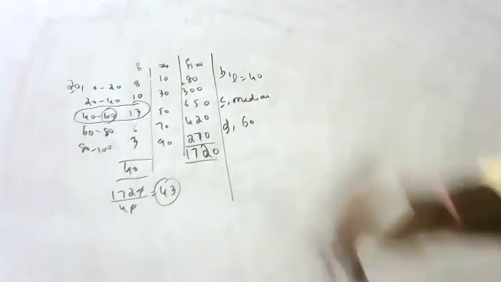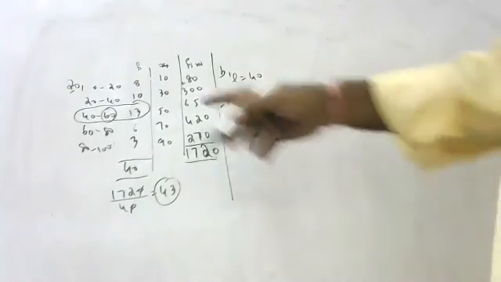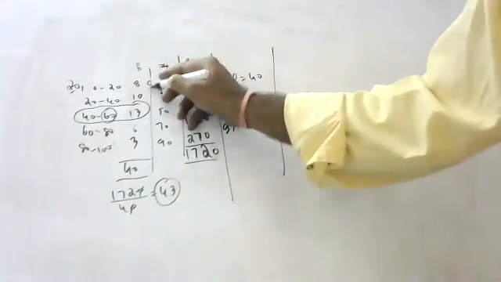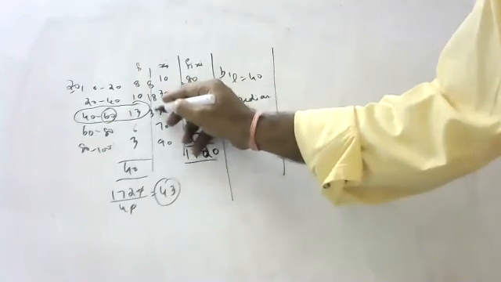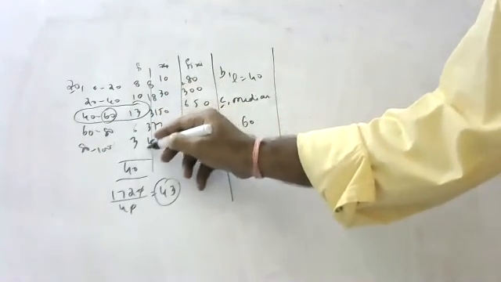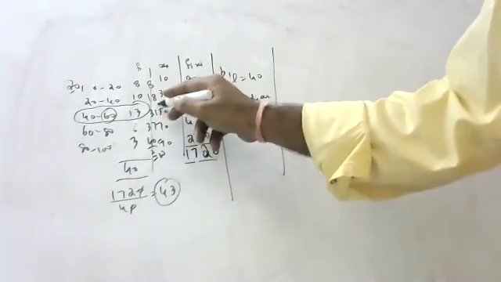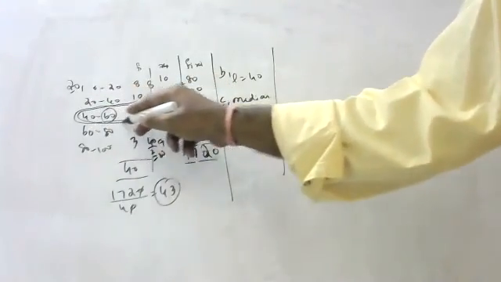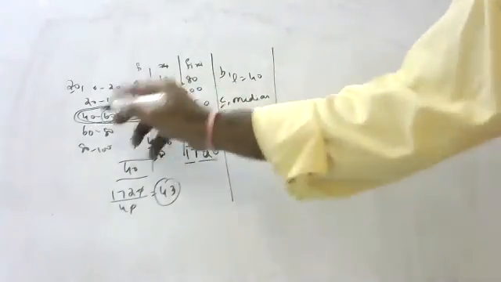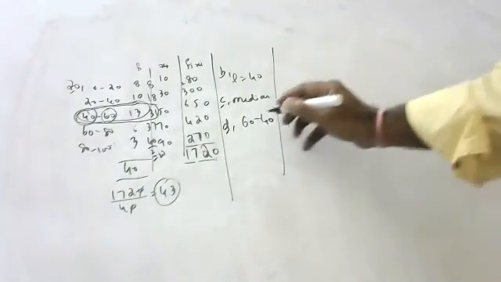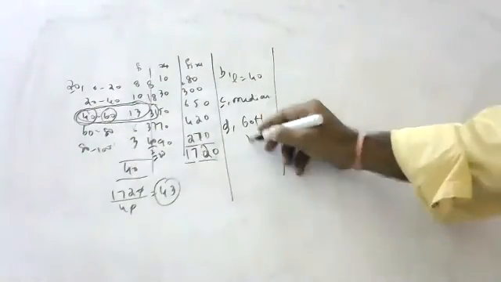Next. The sum of the lower limit of the median class and the upper limit of the modal class. The upper limit of the modal class is 60. For the median class, we should find it out, children. How do you find the median class? First make the cumulative frequency: 8, 18, 31, 37, 40. N by 2 is 40 by 2, which is 20. 20 comes within 31, so this is the median class. So 40 plus 60 is 100.